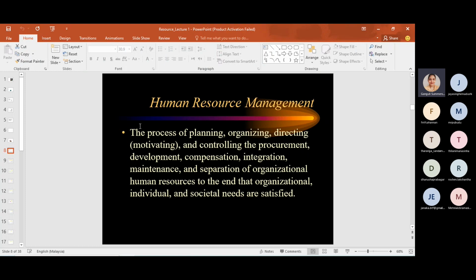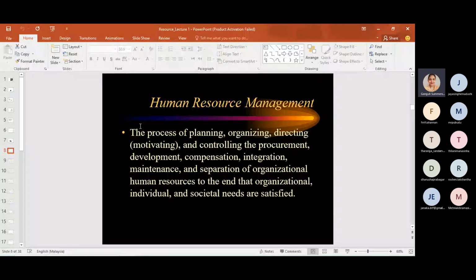Human resource management is about managing your human resources, managing the people that you have inside your organization to meet these organizational, individual, and societal needs. Simply, human resource management is about that.